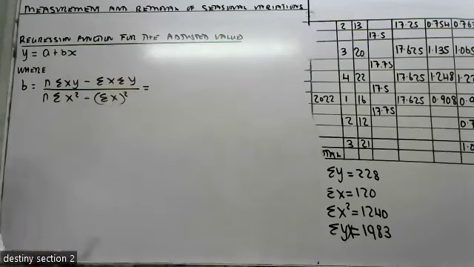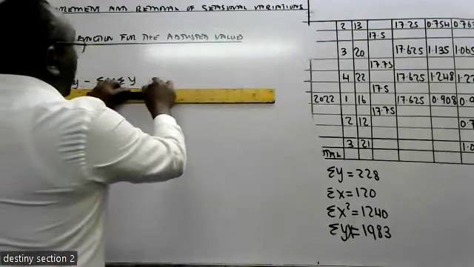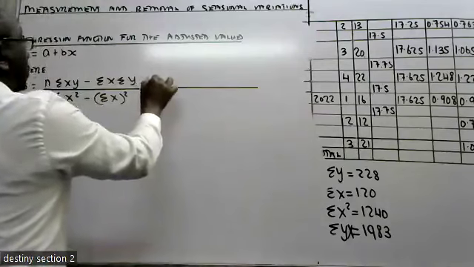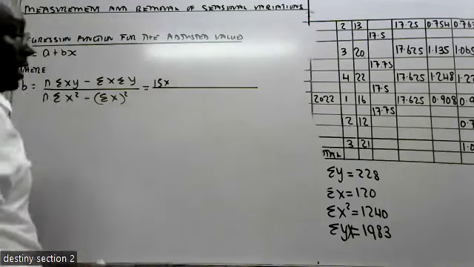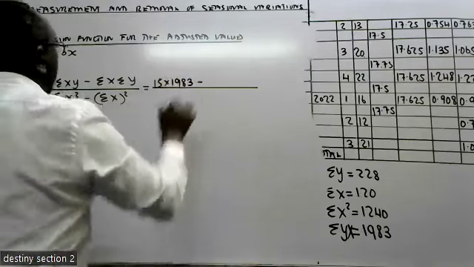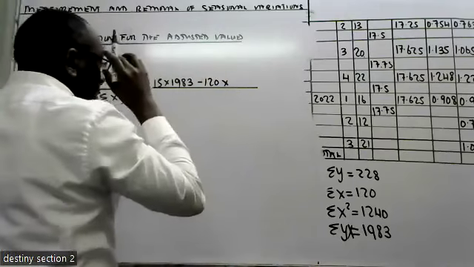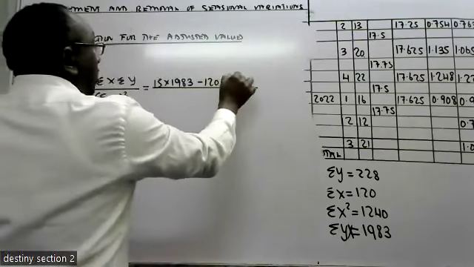So we put these values, n is 15, the total number of items, n is 15. You multiply by sum of xy, which is 1983, minus sum of x, which is 120, times sum of y, which is 228.